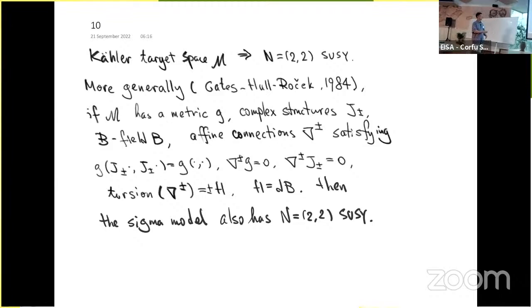Namely, G is Hermitian with respect to the complex structures, G and the complex structures are parallel along these connections, and the most important part, the torsion, is totally antisymmetric, and the torsion is plus or minus H, where H is the curvature of the B field. In this setting, they established that the sigma model also has this amount of supersymmetry.